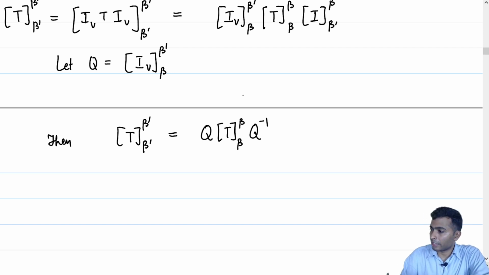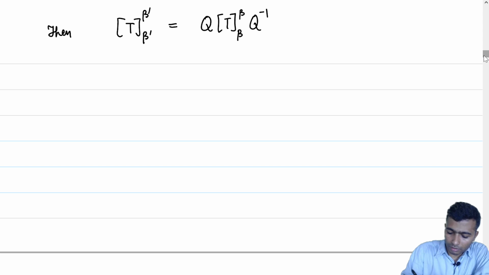Such a relationship is given a name, it is called similarity.